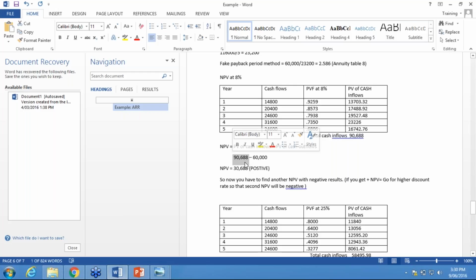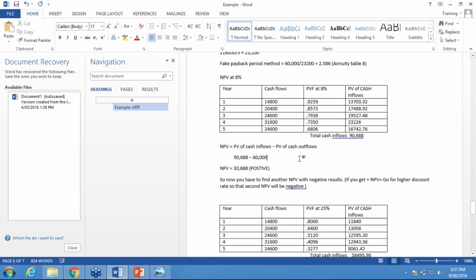Lower than 60 means, I will show you one thing. Look here, lower than 60. If I write a lower number here, you will get lower numbers here, so that you will have a number lower than 60,000.